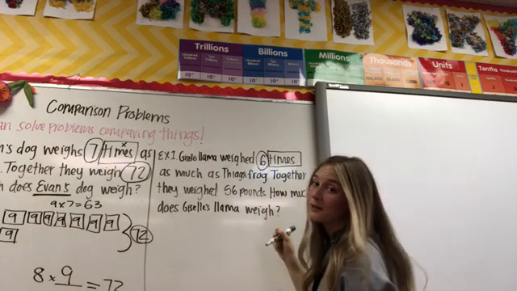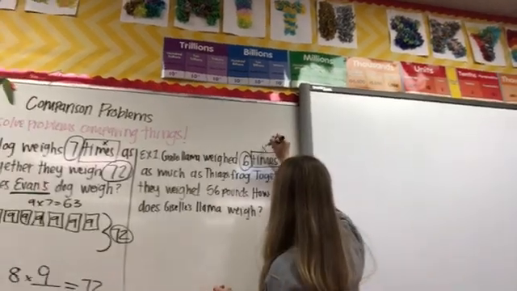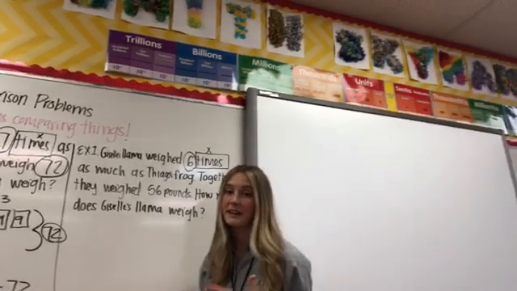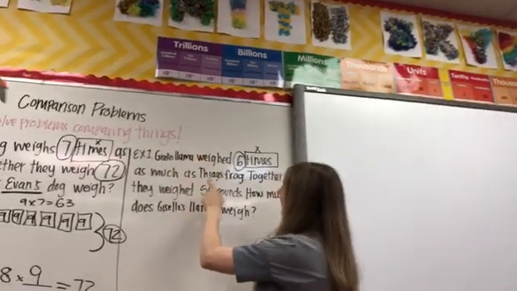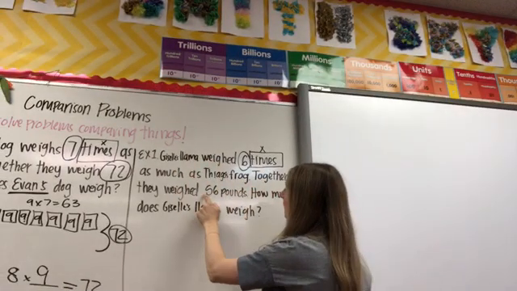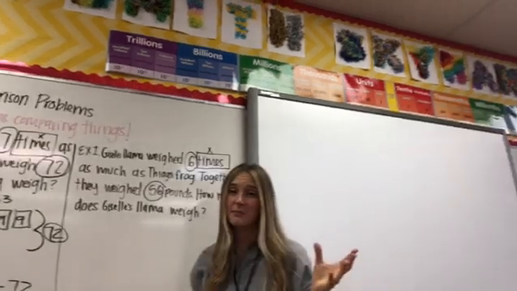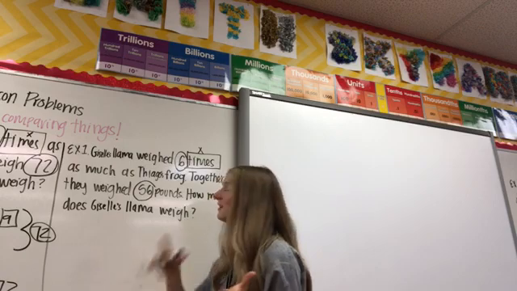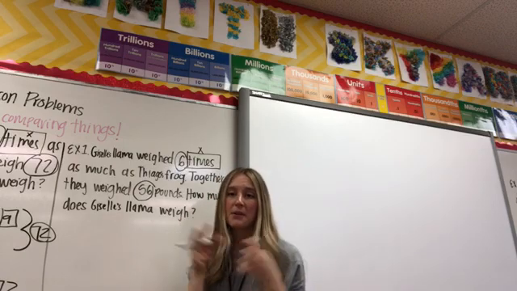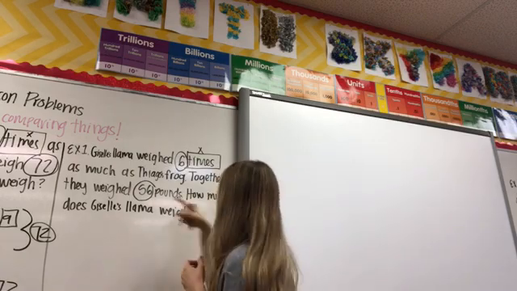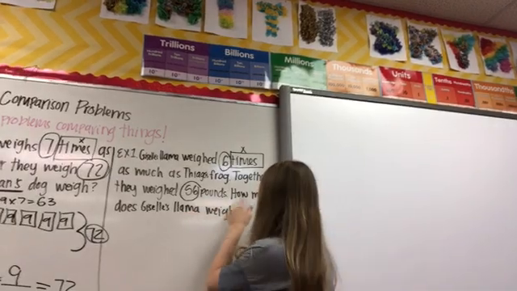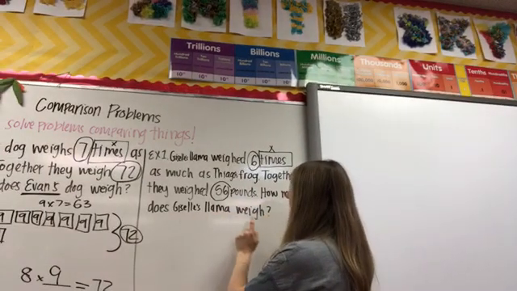Remember, times means multiply, so it's going to be something to do with multiplication. Together they weighed 56 pounds. So if we take Giselle's llama, probably a baby llama, and Thiago's frog, and put them together, they would weigh 56 pounds. How much does Giselle's llama weigh?